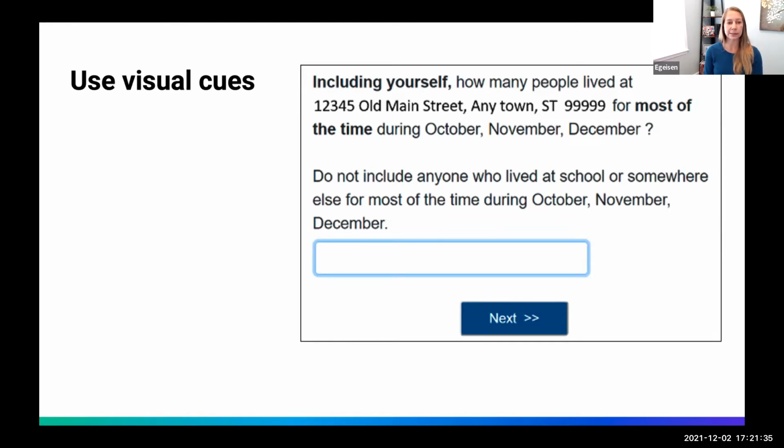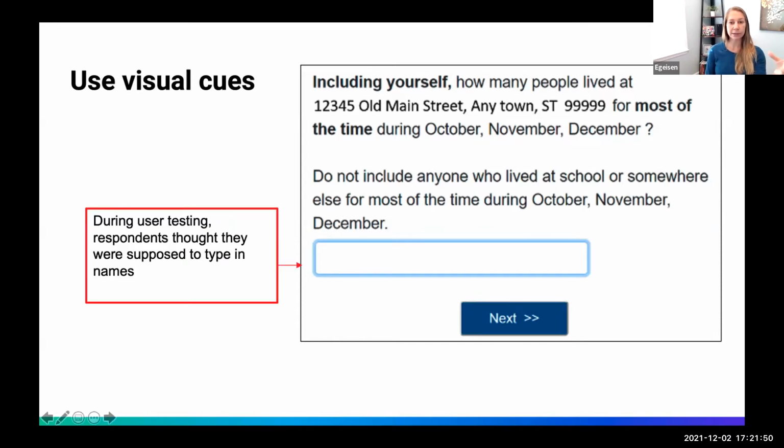They scanned it, saw the phrase, including yourself, and then saw their address, then looked at the entry box and started typing.